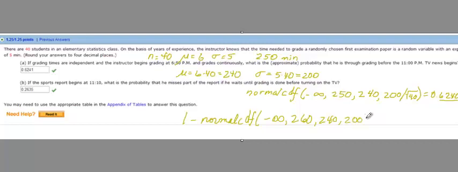So 200 square root 40. And then that answer would be, once you run those numbers, 0.26 3, 5, 4, 4, 5, blah, blah, blah, but I only care about to here, so I rounded it.